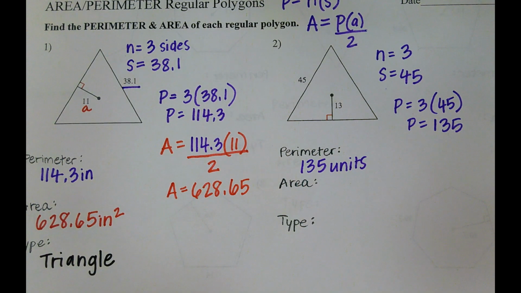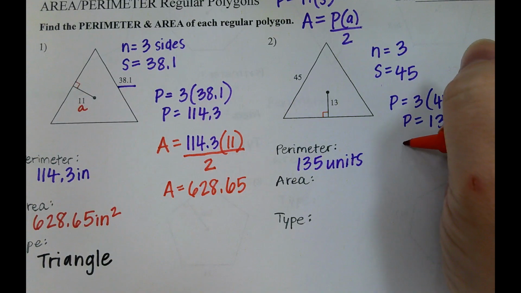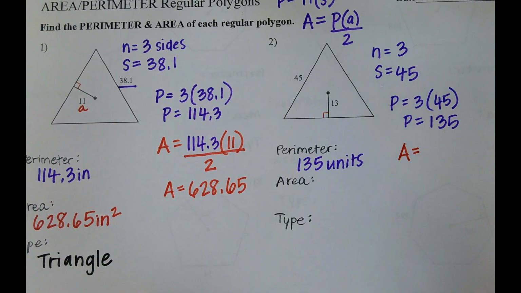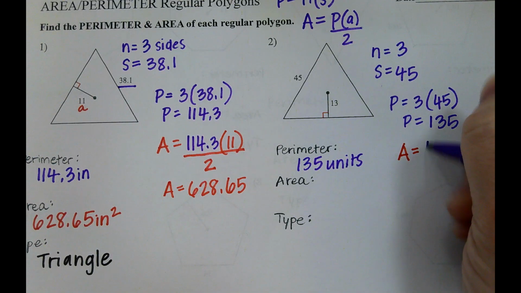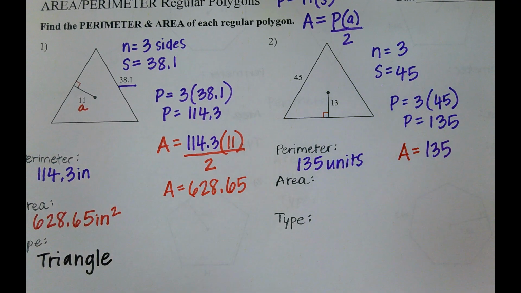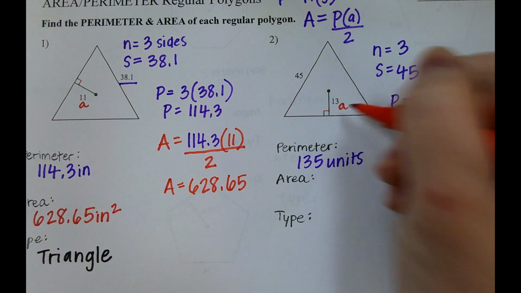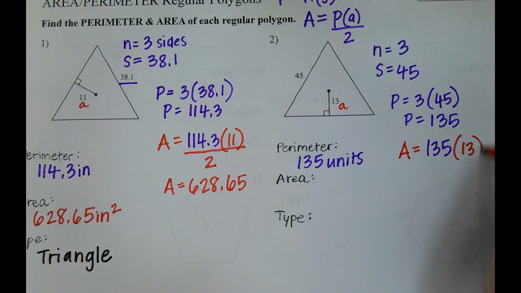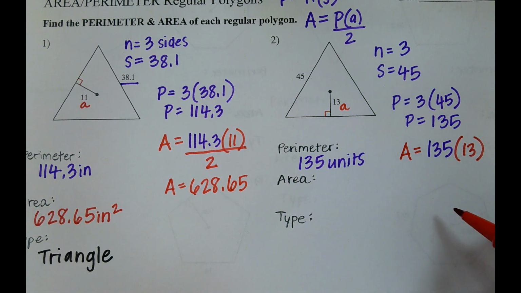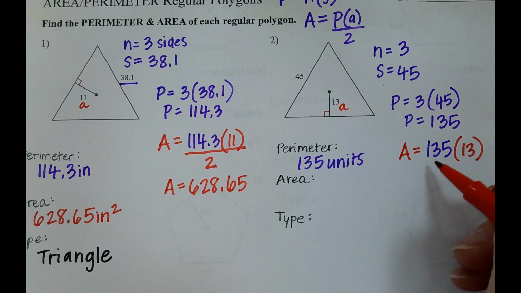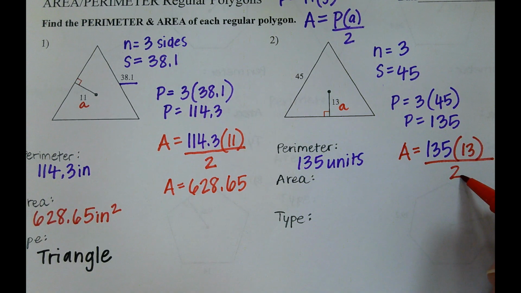I'll find the area next. How do I do that? 135 times 13, and then divide that by 2.